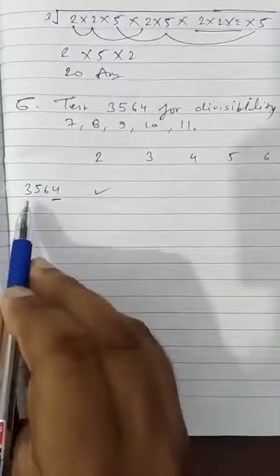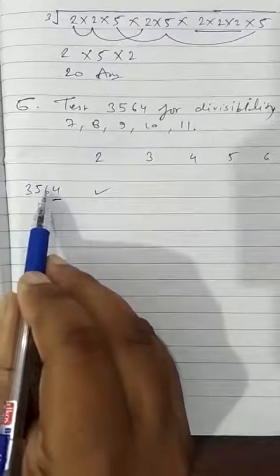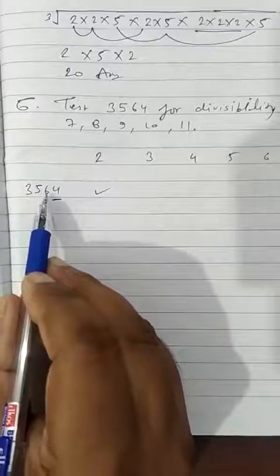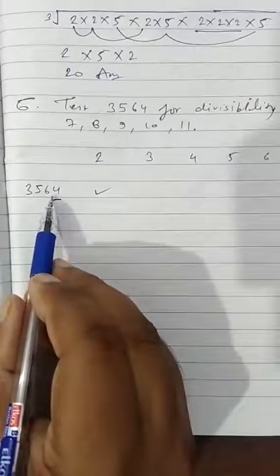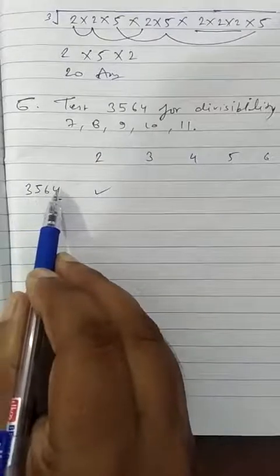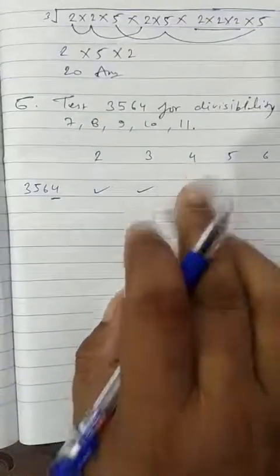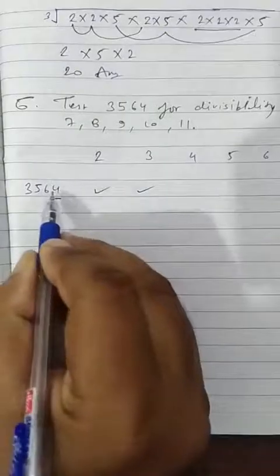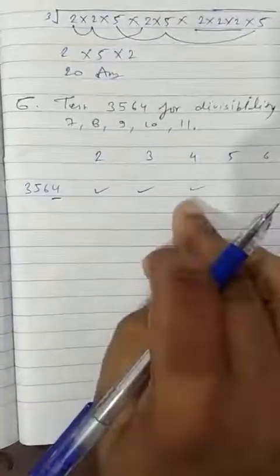For 3, we have to add the digits. 3 plus 5 is 8, 8 plus 6 is 14, and 14 plus 4 is 18. So 18 is divisible by 3, so you will mark a tick here. Now for 4, we have to take the last two digits, 64. 64 is divisible by 4 because 16 times 4 is 64, so it is divisible.